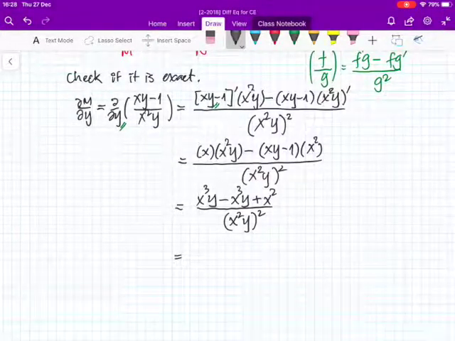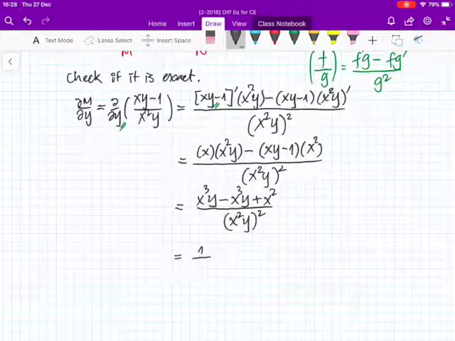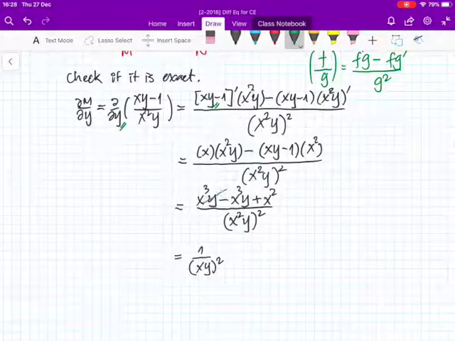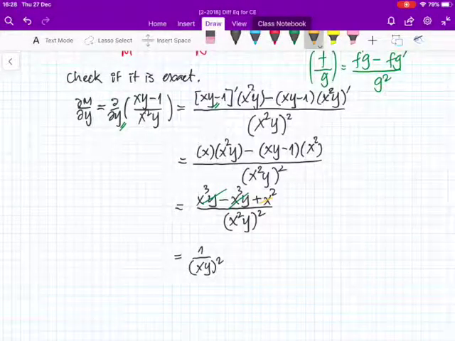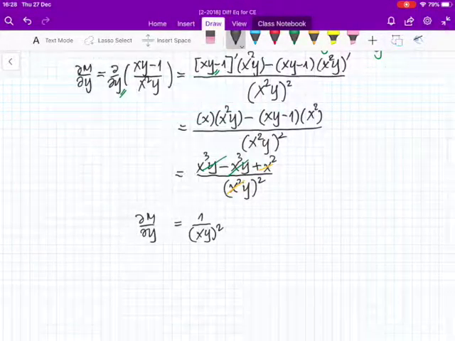You can observe that it is equal to 1 over x squared, because it reduces like this and you can reduce the power of x. So that is equal to the derivative of M with respect to y.